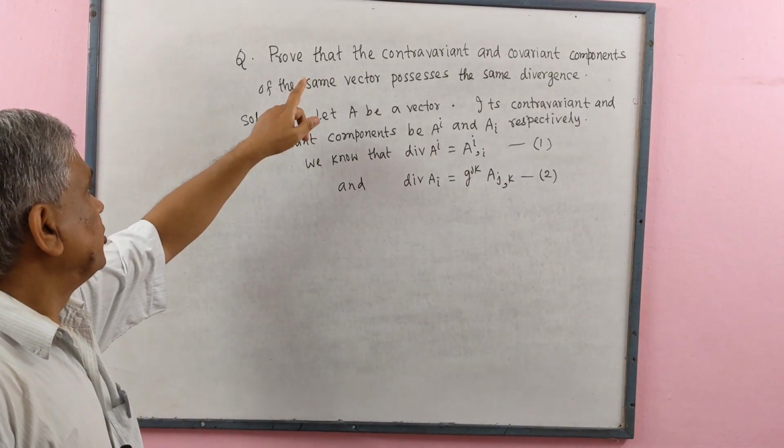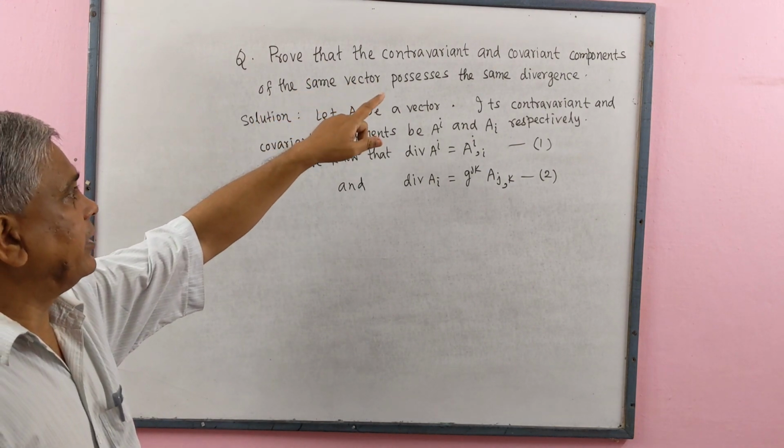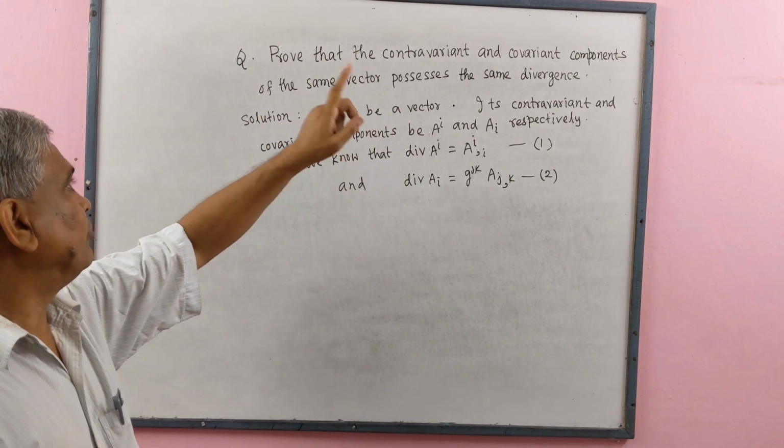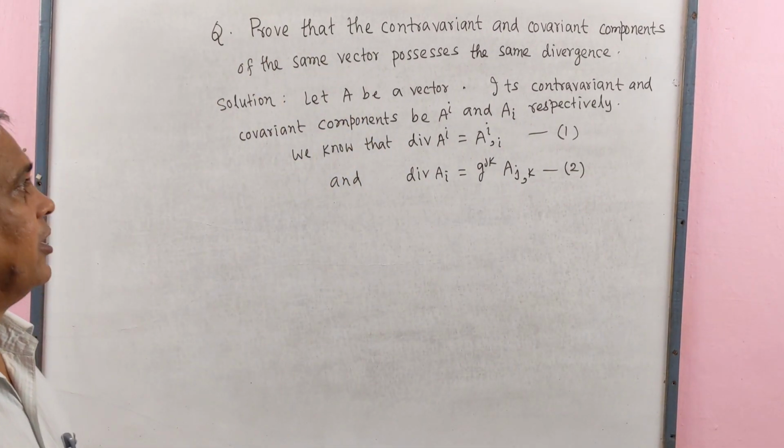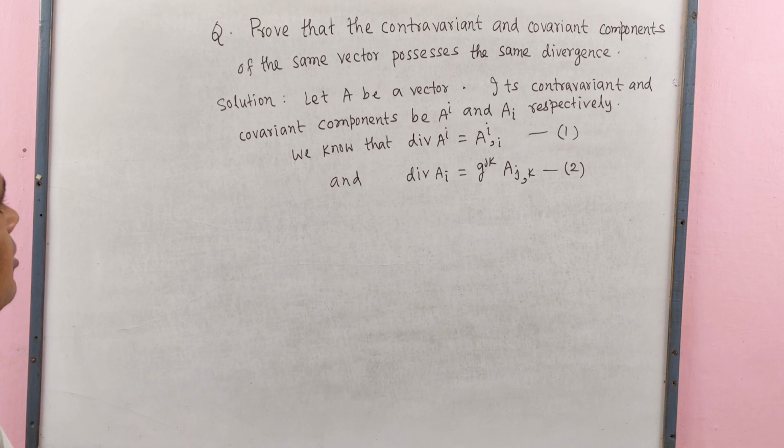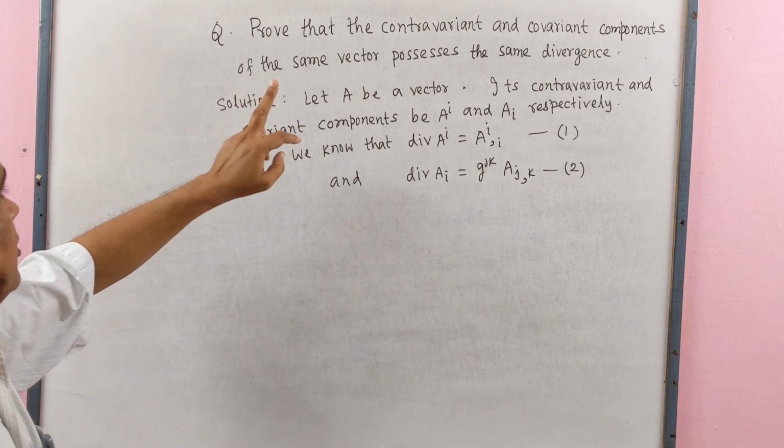Now the question is: prove that the contravariant and covariant components of the same vector possess the same divergence. We shall have to prove this.